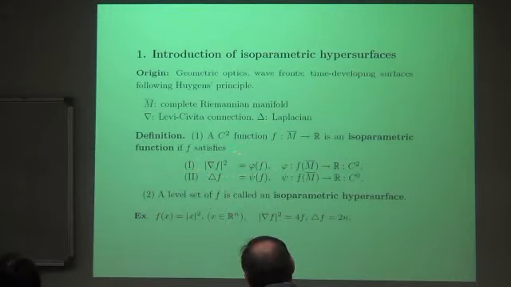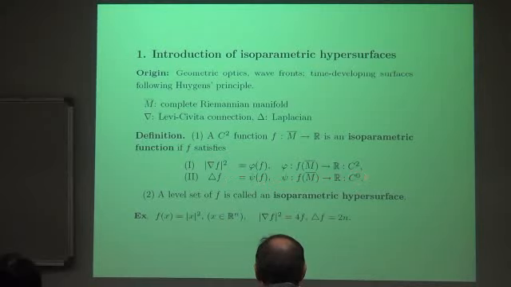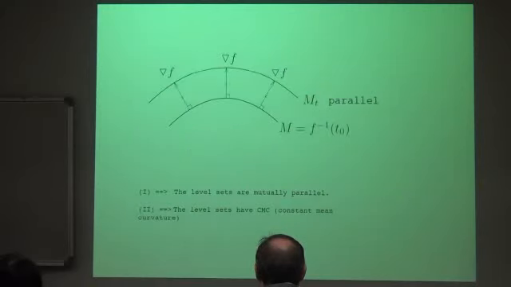This is the meaning of this first equation. And the second equation says that the Laplacian of f is also a function of f itself, but we just assume this is a continuous function. What does it mean? This means that along this level set, the mean curvature is constant. Laplacian means mean curvature.